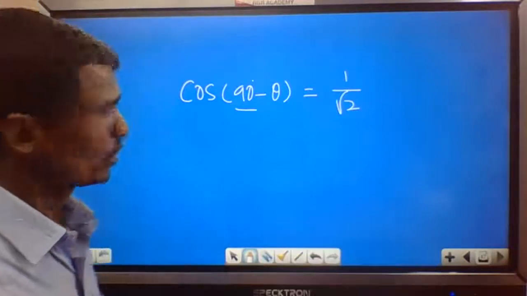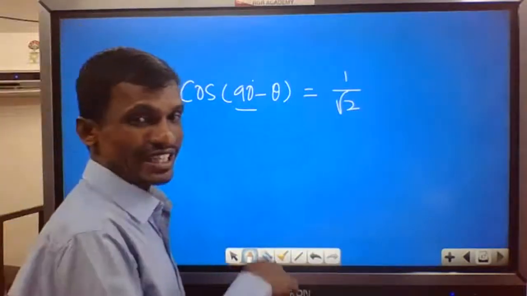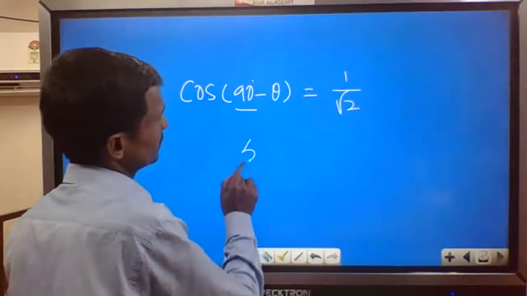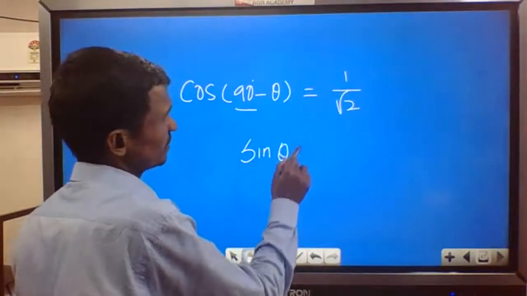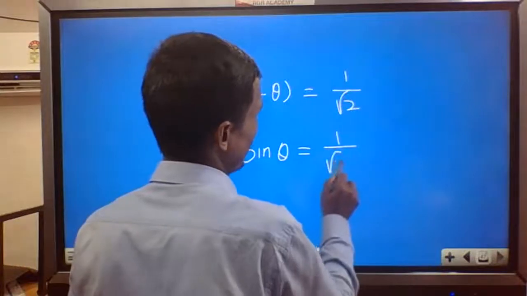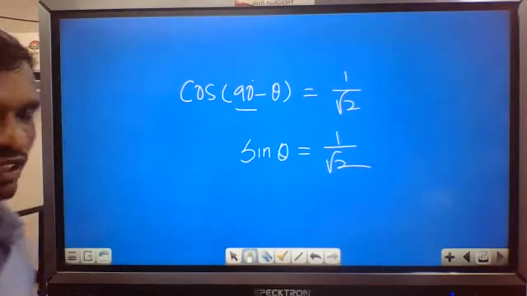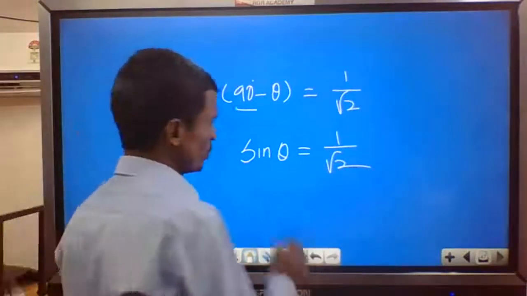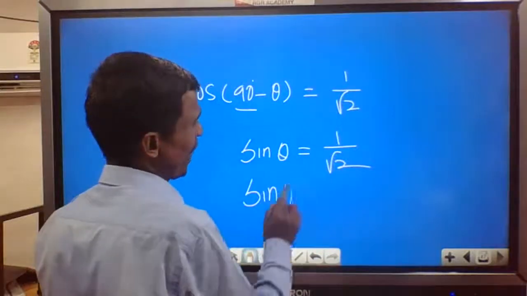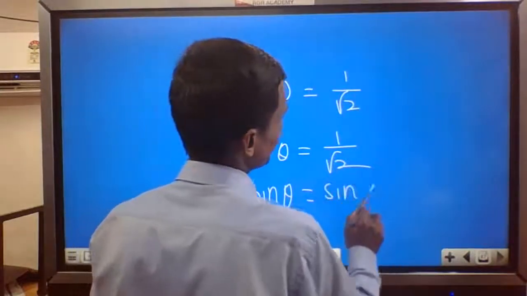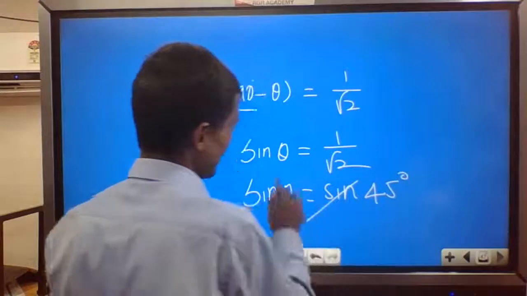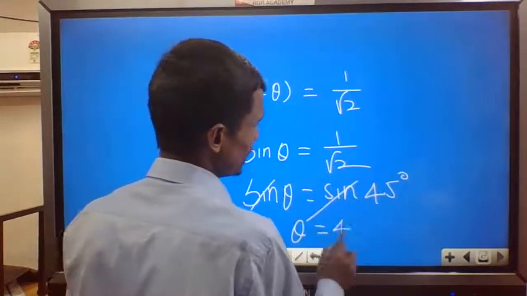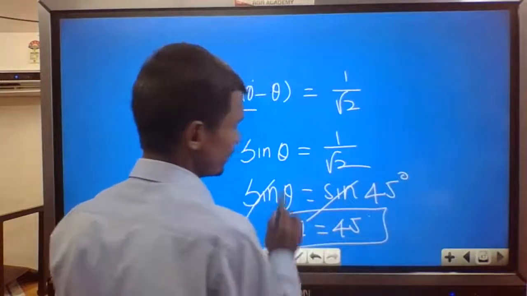So cos(90° − θ) is sin θ. So sin θ equals 1 by √2, which is sin 45°. Therefore, θ equals 45 degrees.